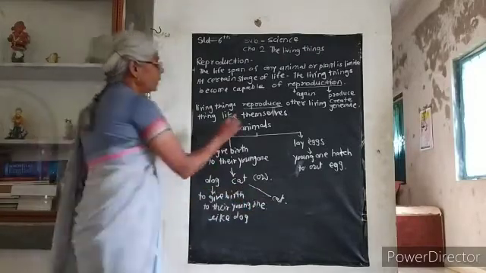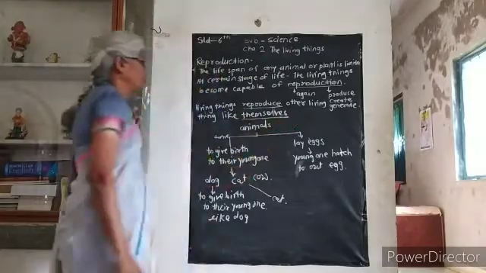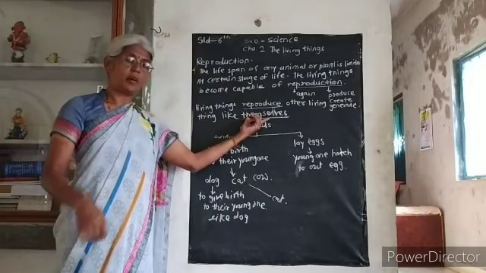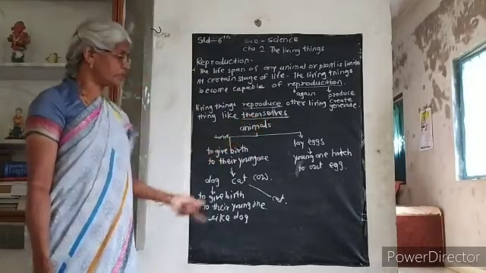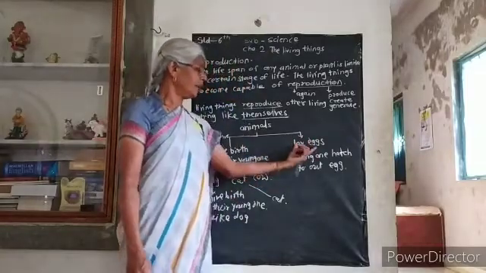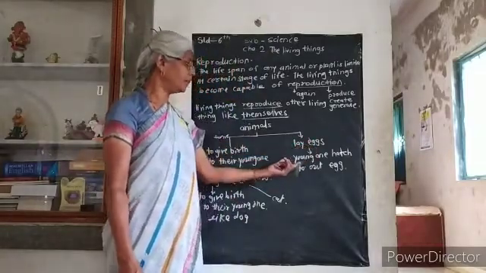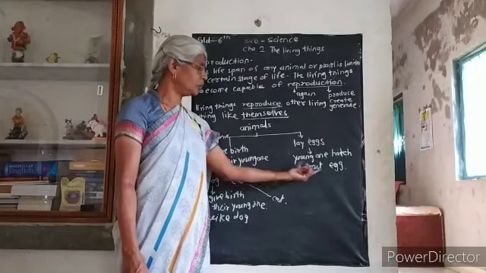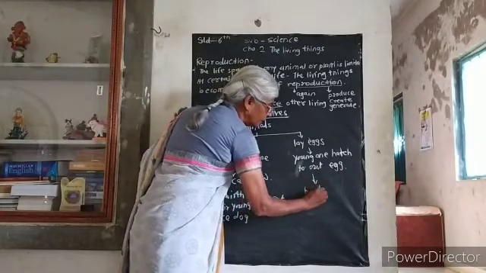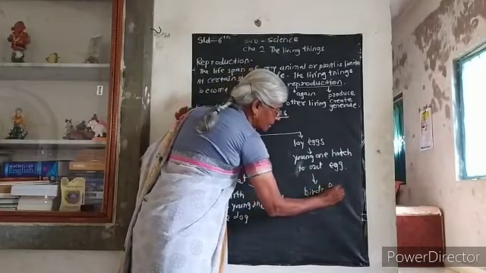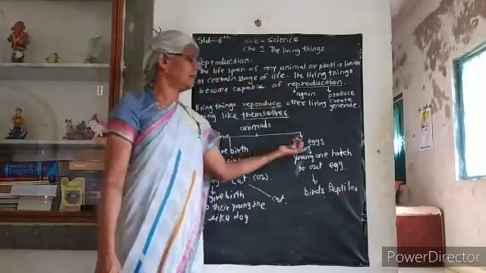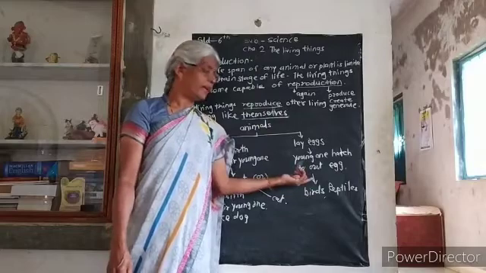Means every living thing reproduces other living things like themselves and not like other species. Then second thing, some animals lay eggs and the young one hatches out from that egg. For example, birds and some reptiles lay eggs and the young one is born from that egg.